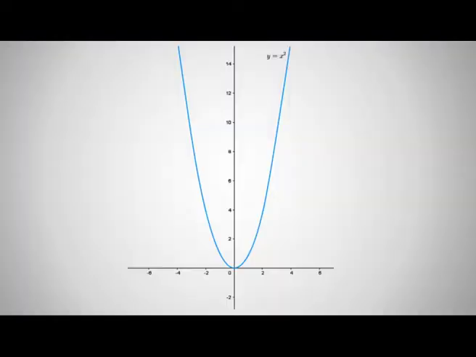As another example, referring to the graph of the parabola f of x equal to x square and taking a point A on it, we see that all points near A lie above the tangent at A. A similar situation arises at the point B. Similarly, at any point P on the graph of the parabola y equal to x square, all points near P lie above the tangent at P. This shows that the parabola y equal to x square is concave up at any point P on the parabola.